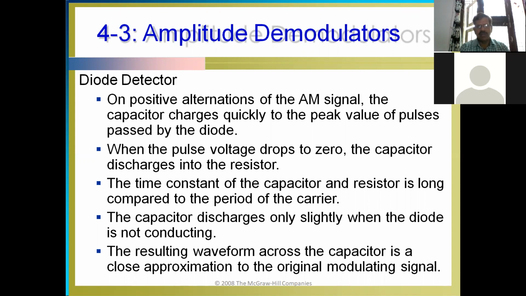The time constant of the capacitor and resistor is long compared to the period of the carrier. So the capacitor discharges only slightly when the diode is not conducting. The resulting waveform across the capacitor is a close approximation to the original modulating signal.